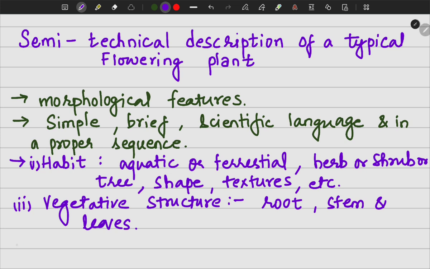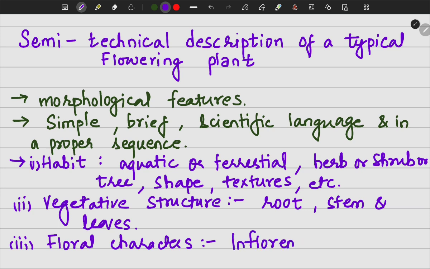After describing the vegetative characters, we will describe the floral characters. In floral characters, first we describe the inflorescence. What kind of inflorescence is present in the flower? And then the flower parts.